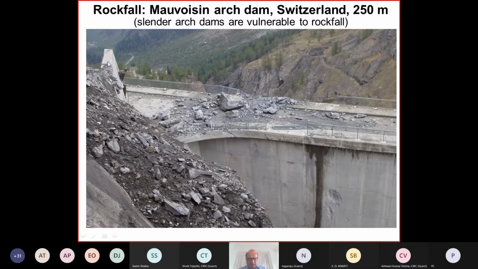Actually, these blocks are about 1 meter or 1.20 meters thick, not very thick, and they destroyed this wall. It could not stop them, and they damaged the railing at the dam crest. There are only a few blocks, but they come from quite high.